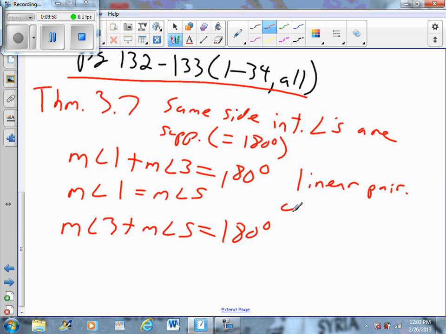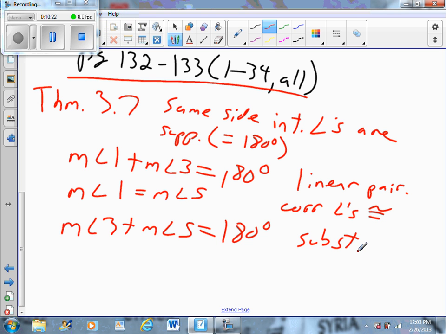This was made because corresponding angles are congruent. So what did I do here to say 3 and 5 instead of 1 and 3? I made a substitution, the substitution property of equality. So, same side interior angles are equal to 180 degrees.